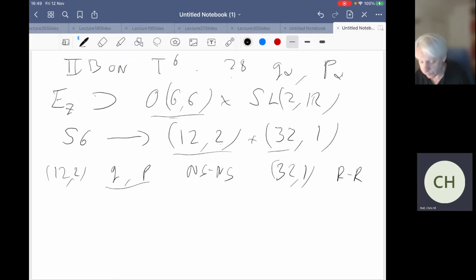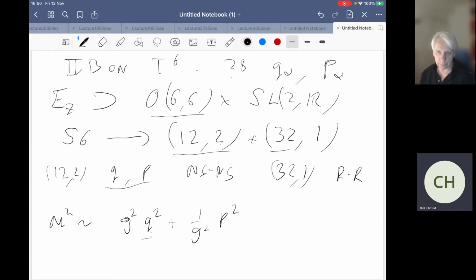So here we've got N=8 supersymmetry in 4 dimensions, and here the mass squared goes like, I'm suppressing some details, g squared Q squared plus 1 over g squared P squared. So here Q is a 12-vector, and this Q squared means that we're taking a norm with respect to an O(6,6) invariant norm, which in fact involves using a metric which depends on the scalar fields. But I'm suppressing those details here just to give the general structure.